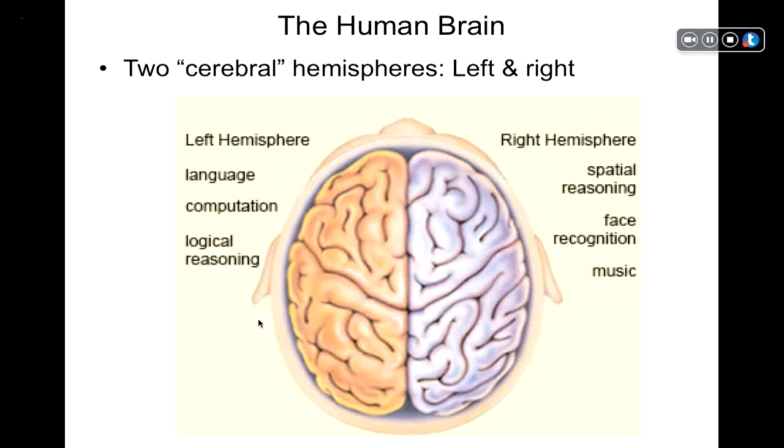The left hemisphere, for example, is responsible primarily for language, computation, logical reasoning, whereas the right is responsible for spatial reasoning tasks, spatial recognition, and music. That is, for example, the detection of pitch and rhythm. So the brain has these two cerebral hemispheres, left and right. Each one is particularly responsible for various things.